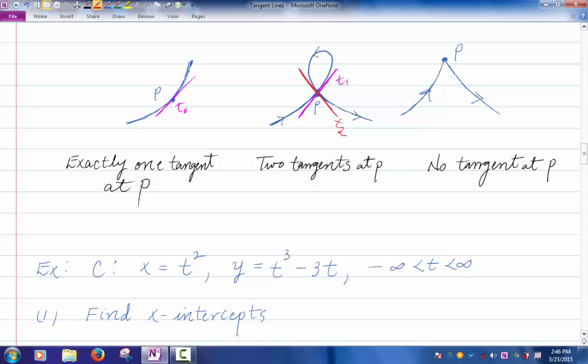Am I making sense? You can see why it shouldn't, because what is happening on the left-hand side of P? If you look at the left side of P, what is the slope at any point there? The slope at any point on the left of P would be positive, right?